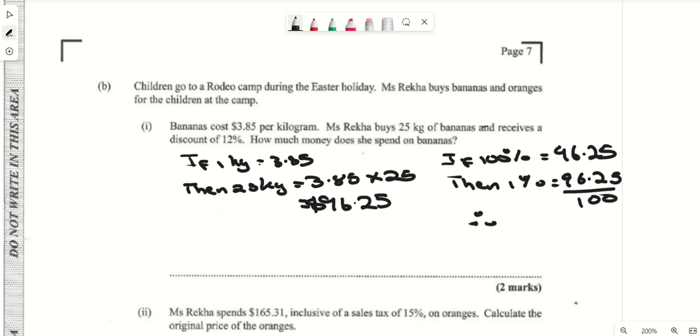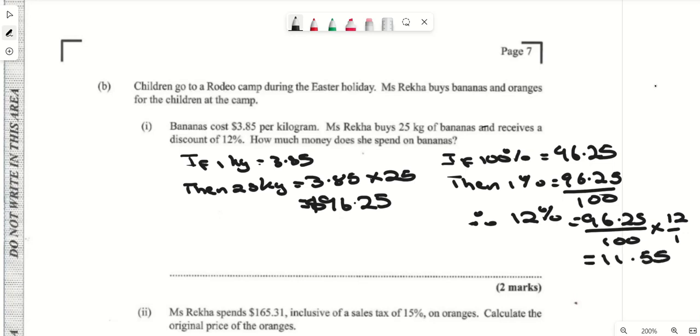And therefore, we find how much the discount was: 12% is equals to 96.25 divided by 100 multiplied by 12 over 1. Right, so I'm going to do this divided by 100 multiplied by 12. So her discount is actually $11.55.